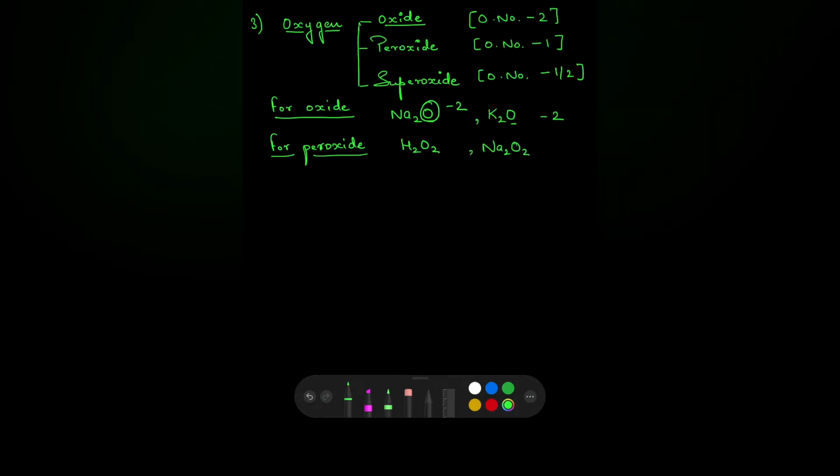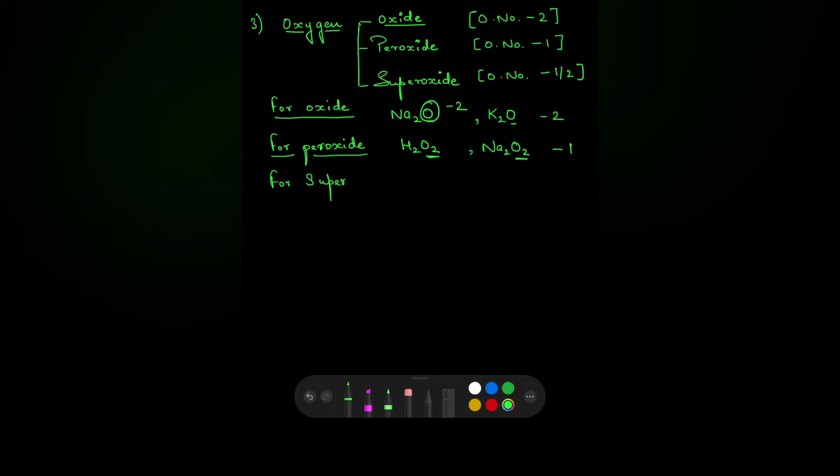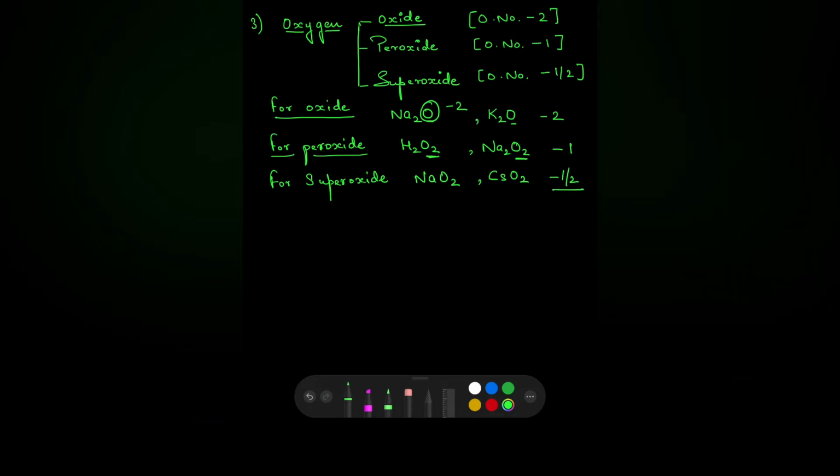Now in this case the oxidation number will be -1 for the oxygen. Now for superoxide, let us take an example of NaO2, and the oxidation number will be -1/2 for the oxygen atom.